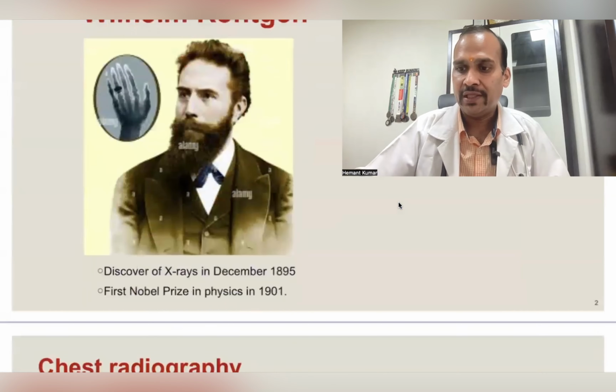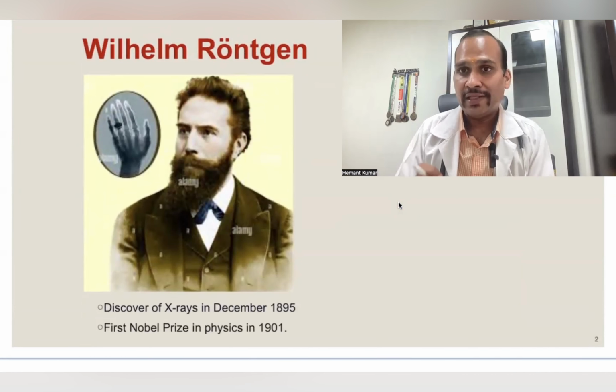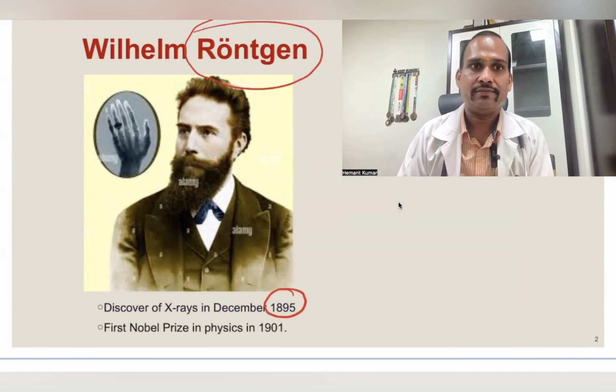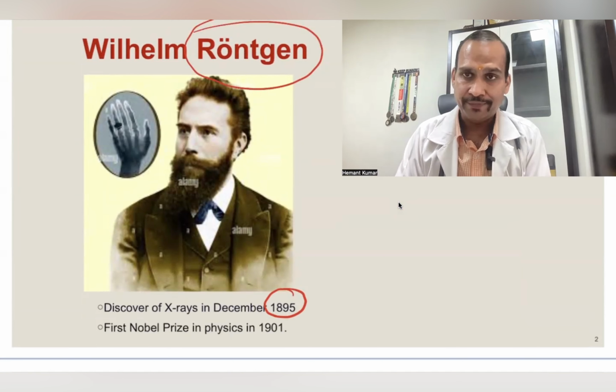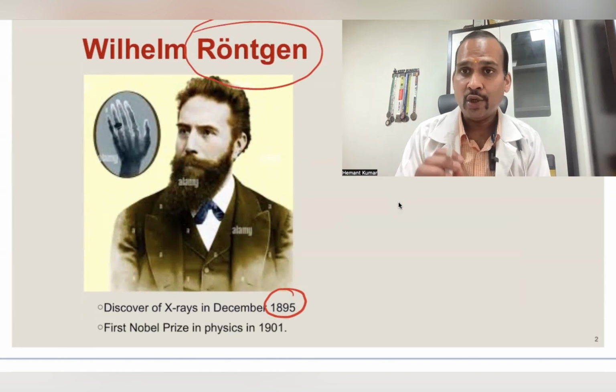So let's see. First of all, we should know who discovered X-ray. X-ray was discovered in 1895 by a scientist, Wilhelm Röntgen. This was a great discovery and he got the Nobel Prize 6 years after his discovery.